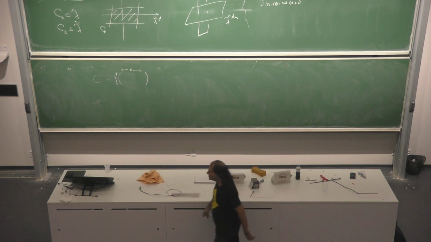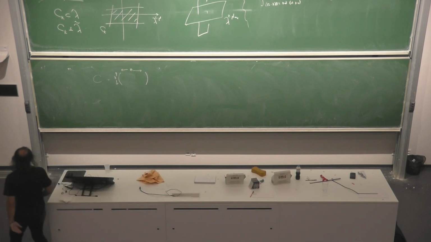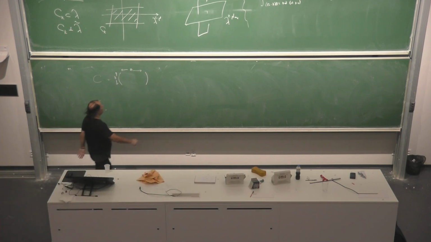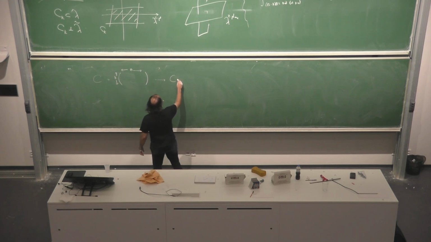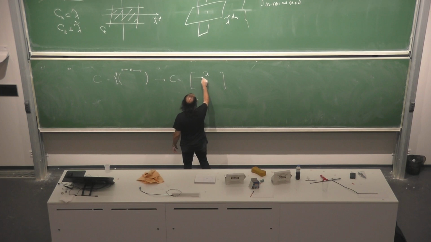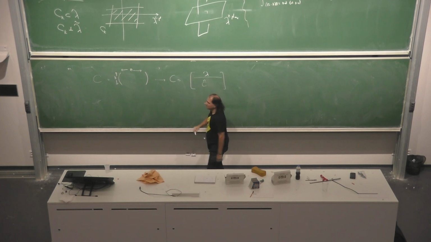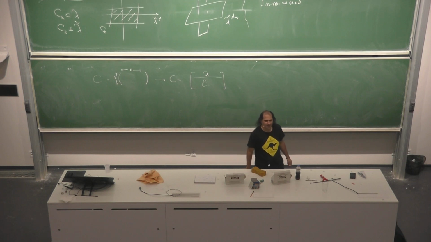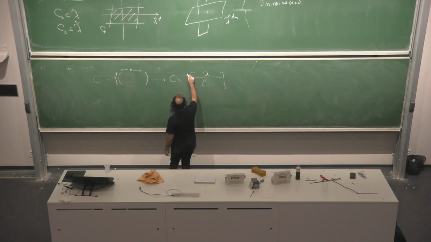So it should be possible to write C as lambda upstairs manifestly, and then some C hat matrix downstairs, which would be K minus 2 by n dimensional. So this would be 2, n, and this would be K minus 2.